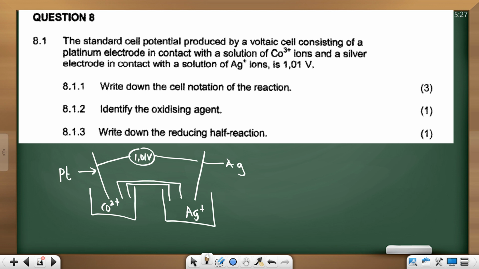Beautiful. Guys, do you want to tell me which one is the anode and which one is the cathode quickly? Which one is the anode and which one is the cathode? Quickly, everybody.